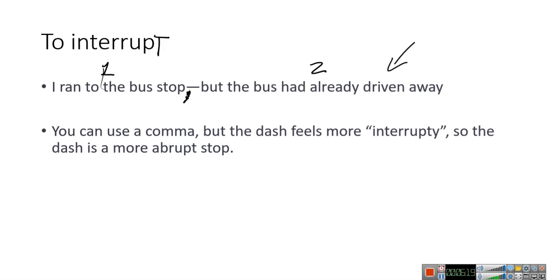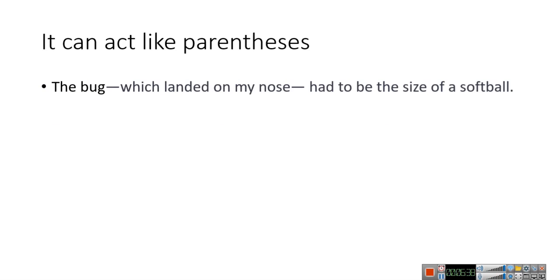So I ran to the bus stop and suddenly the bus had already driven away. This gives us more sense of an abrupt interruption instead of the comma. So when you have something that is immediately after something, use the dash.